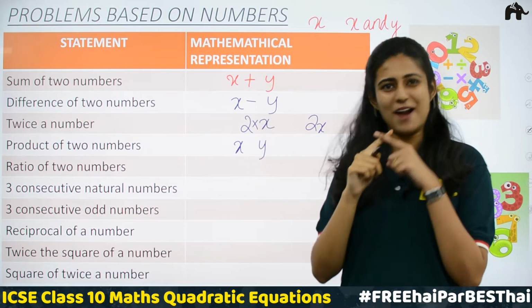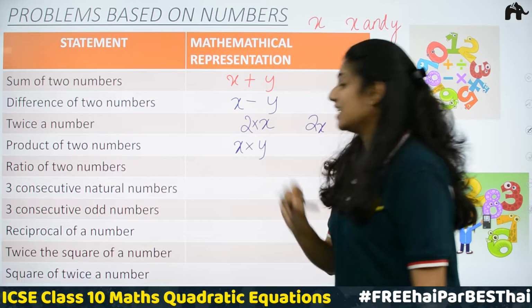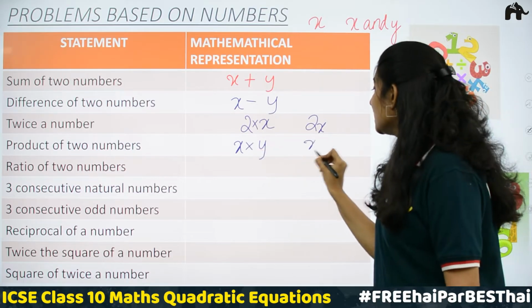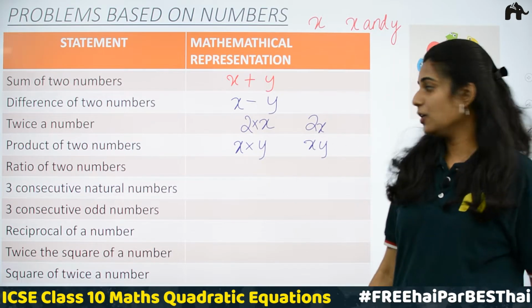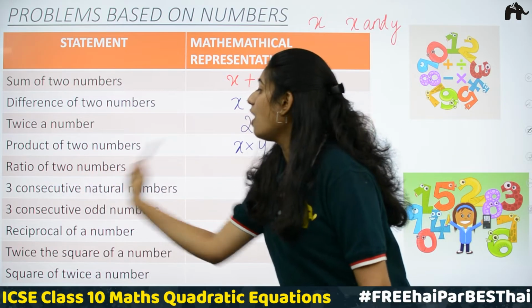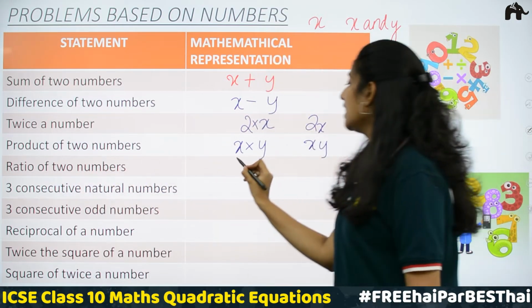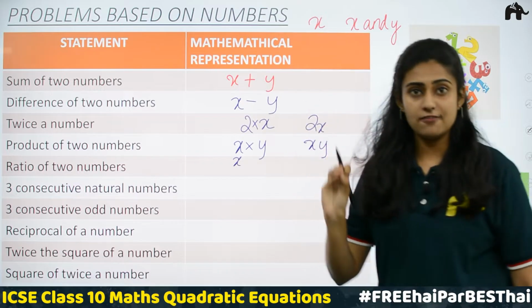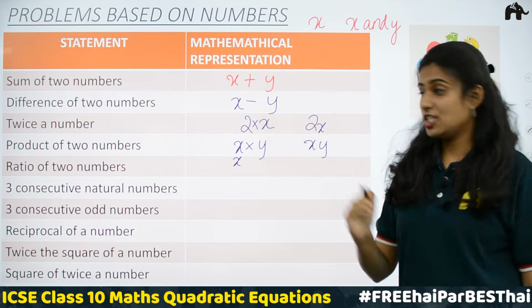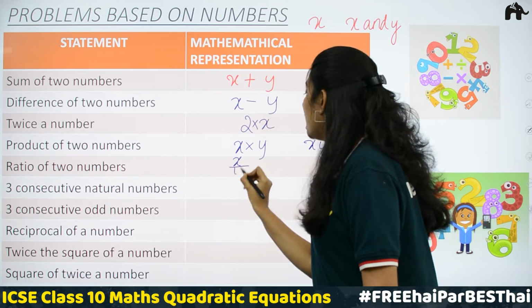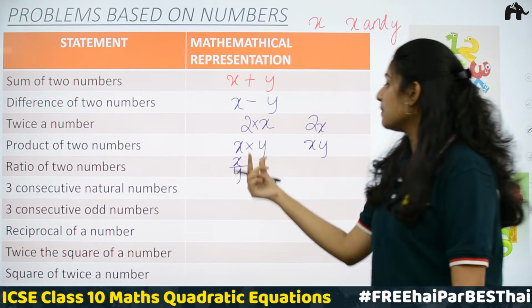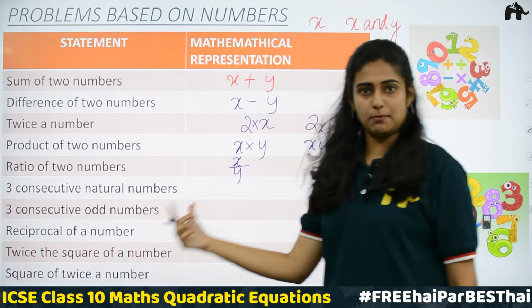Product means multiplication. X into y, or you can represent it as xy. Next, ratio of two numbers. Here again we are taking the numbers x and y. Ratio means division. X divided by y. X by y represents the ratio of two numbers.